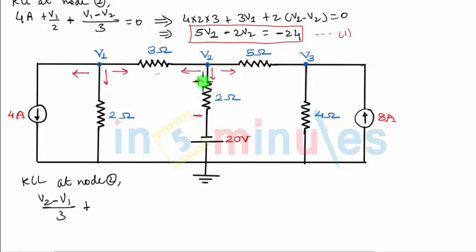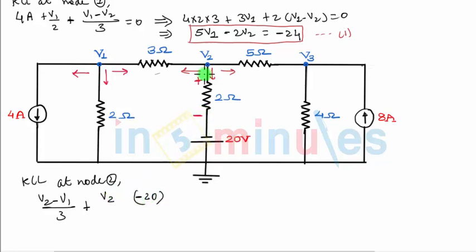So now let us write down the total potential difference across the 2 ohm resistance. The potential difference will be the voltage on the positive polarity side, which is V2, and the voltage on the negative polarity side. Now if you observe, the voltage on the negative polarity side is the negative terminal of the battery, and hence the voltage on the negative polarity side will be minus 20.